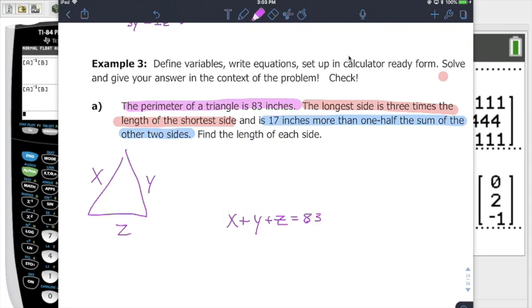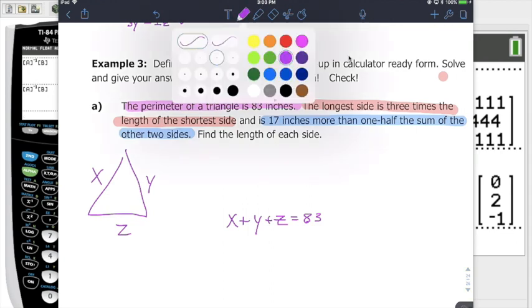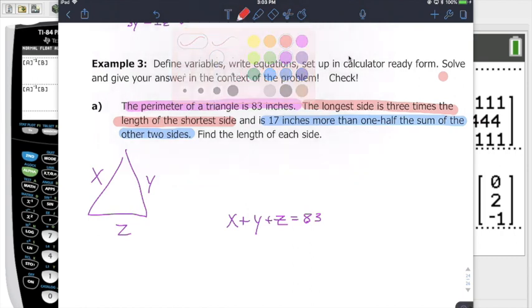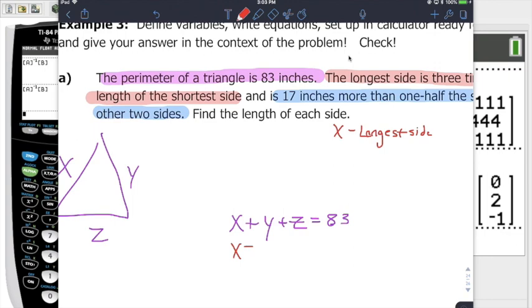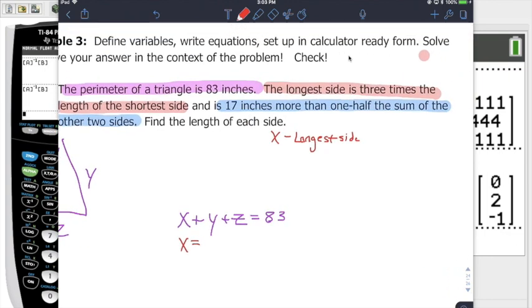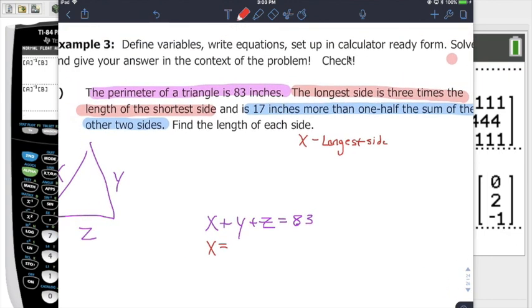Now the second one is going to be dealing with the longest side. I'll do this in red. The longest side is 3 times the length of the shortest side. So we need to define which side is the longest, so we'll call x the longest side. So x, the longest side, equals 3 times the length of the shortest side.